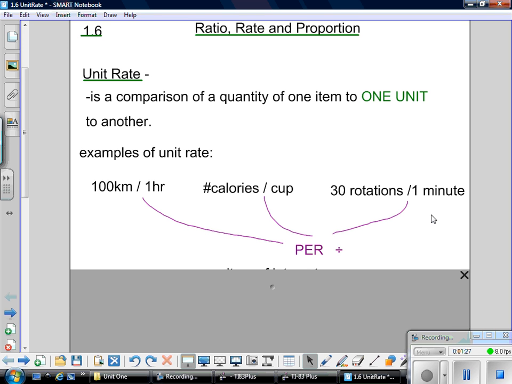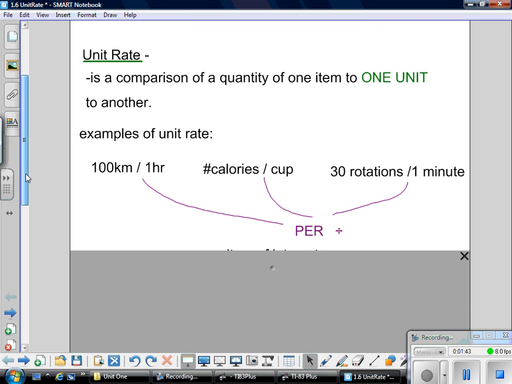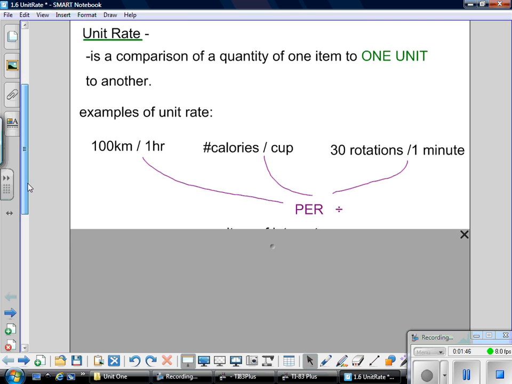Also, if you're buying a car, you can check its fuel consumption. In many cases, it's kilometers per liter. Usually 100 kilometers is what they're looking at and how many liters it takes to go that far.